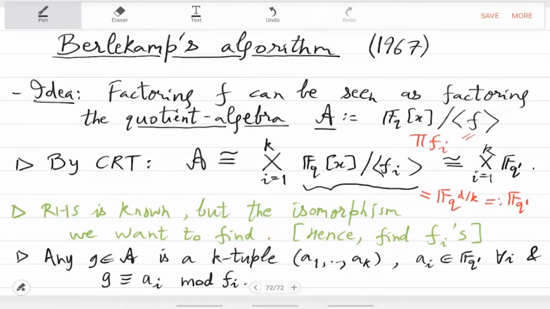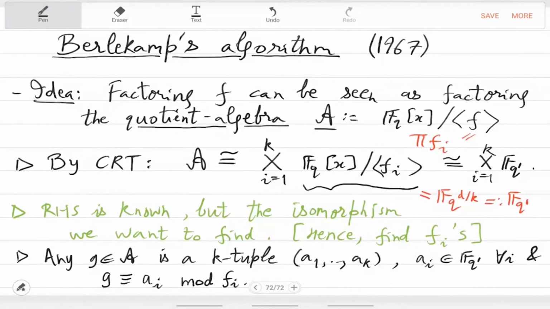As we go over g in A, we know that these ai's exist, but right now we cannot compute them. But it is a strong property that they are unknown elements ai in the finite field Fq prime. We will try to play with that.